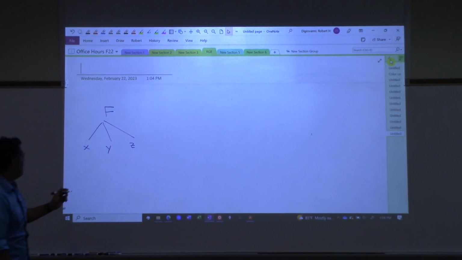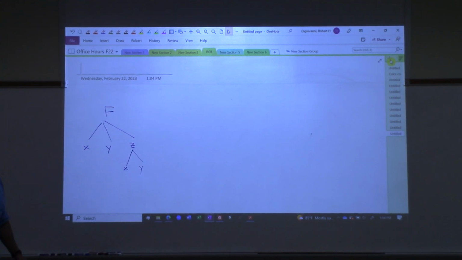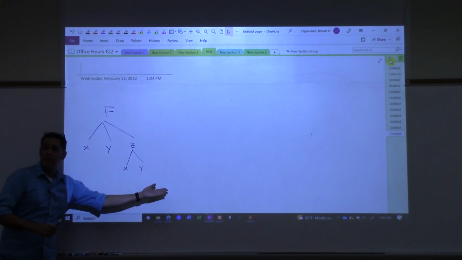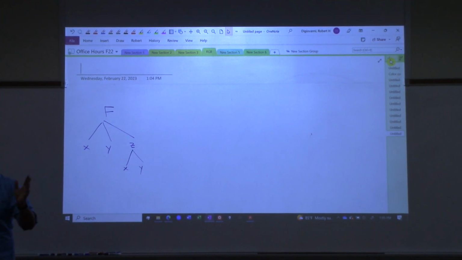Z depends on x and y. So we know that z depends on x and y. And if you remember from last class, there was a problem we did at the very end where one of our branches on our tree didn't have the variables that appeared in the other branches. So what I did is I just put them there and I said, okay, when we differentiate those, they're probably going to go to 0 or something like that, but we're going to include them in our diagram.